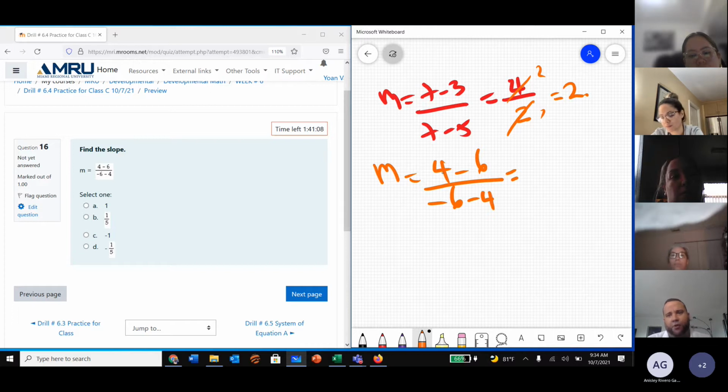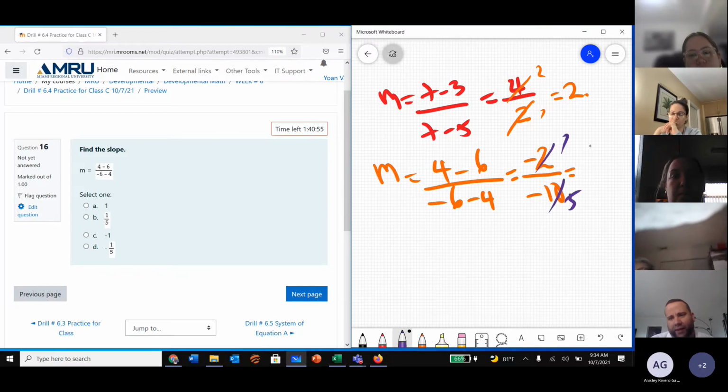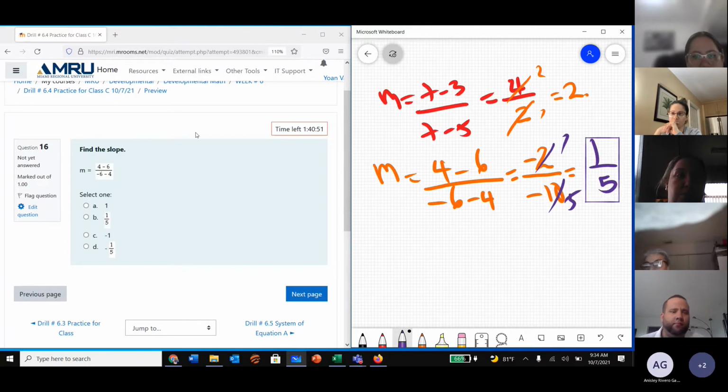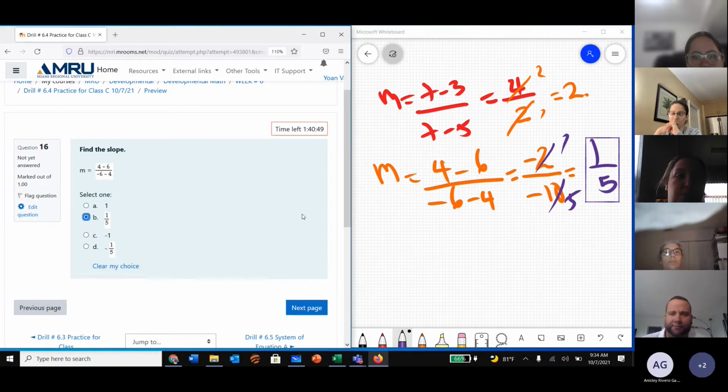And then we have two numbers with different signs. We need to subtract them. We have -2 over -10. Negative times negative becomes a positive. And when we simplify, this is 1 over 5. 1 over 5 is the answer.